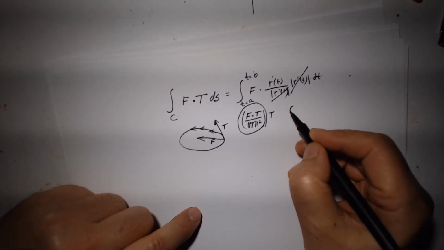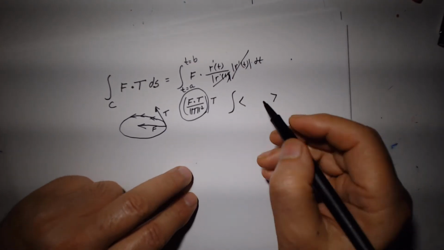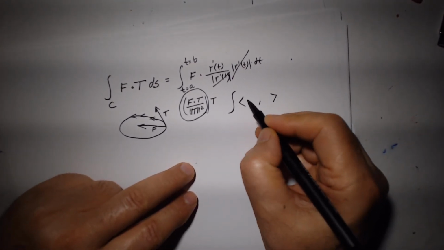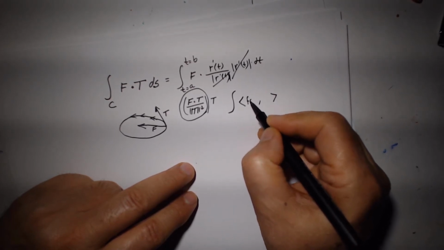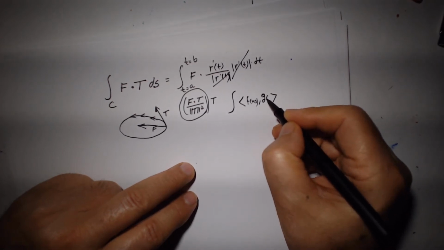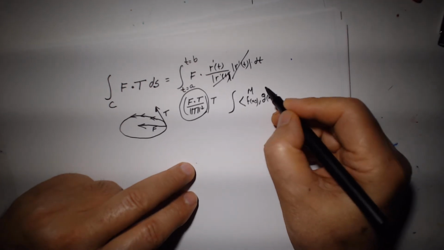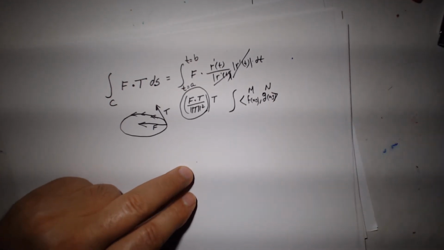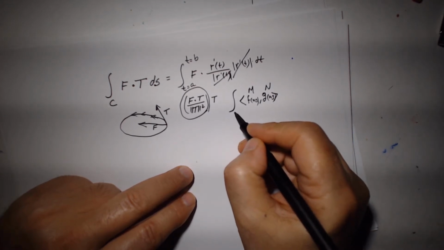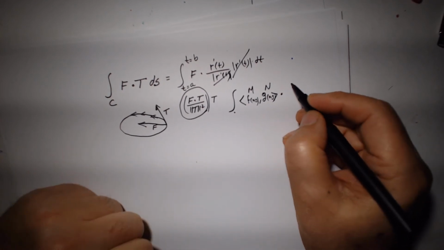But please pay attention, that vector field, if it's in R2, has functions of x and y here. Sometimes I call f of x, y, M and g of x, y, N. That is a vector field, but you gotta dot it with r prime.